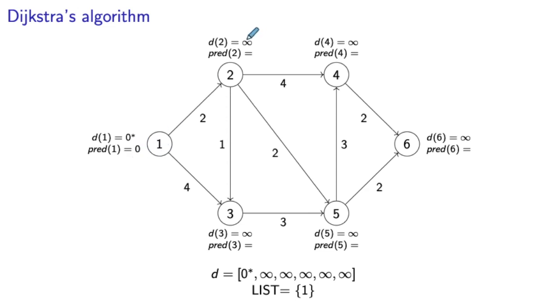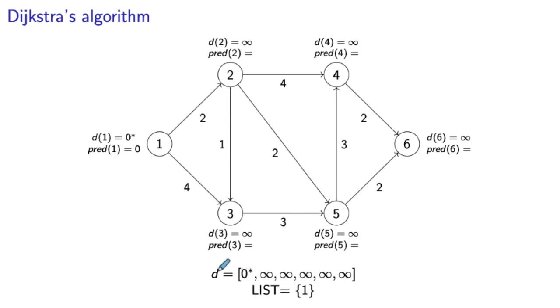And we set all the remaining distance labels to infinity. We don't have anything for the predecessor labels because we haven't started the steps of the algorithm yet, so we haven't reached any of these nodes. There is no predecessor. But generally, the predecessor will be the previous node from which you arrived at this node that gives you the distance from node 1 that you have in the distance label here.